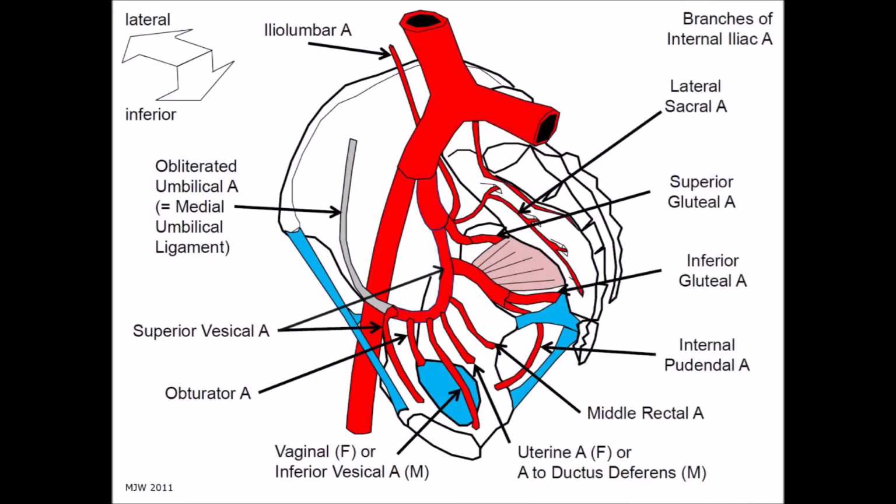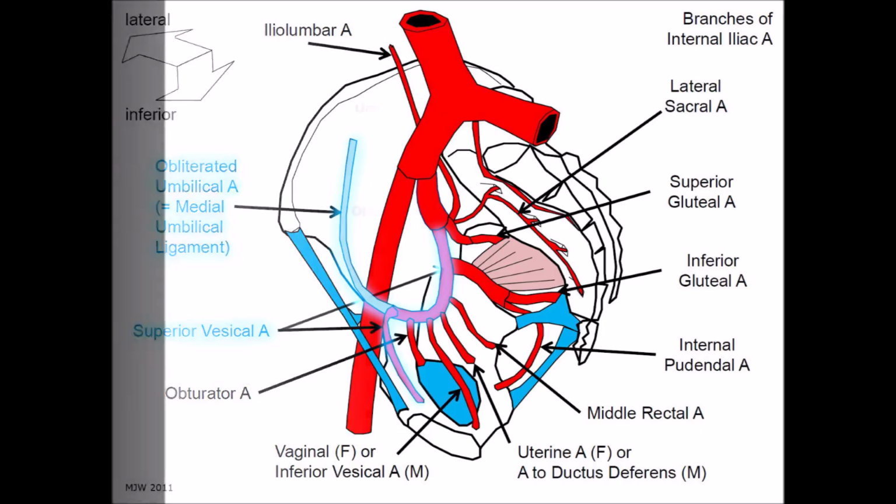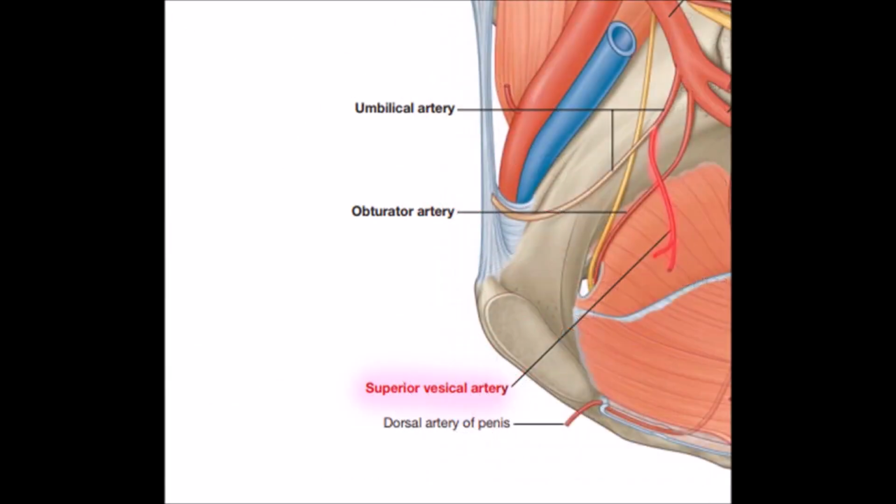First is the superior vesical artery. The distal part of it becomes the medial umbilical ligament. The ligament is a direct continuation of the superior vesical artery. It runs along the walls of the pelvis to supply the upper bladder, ureter, and vas deferens.